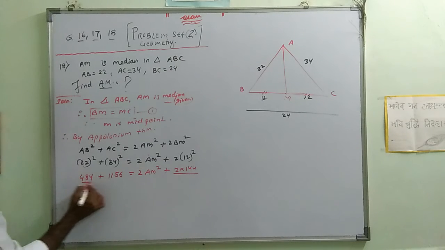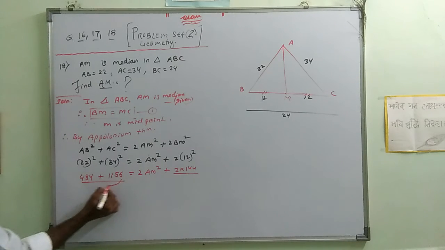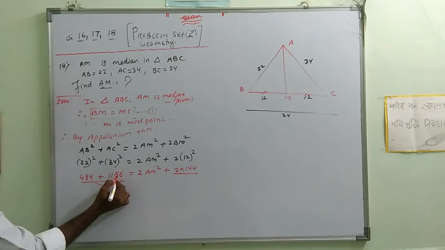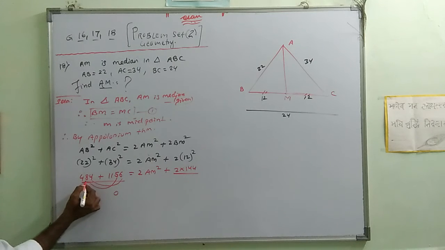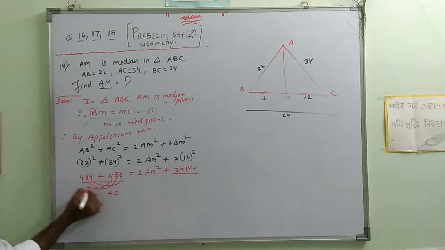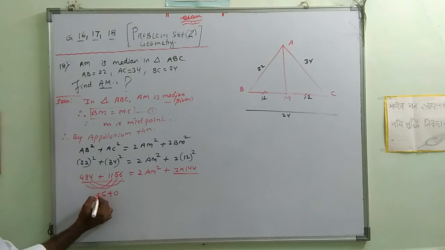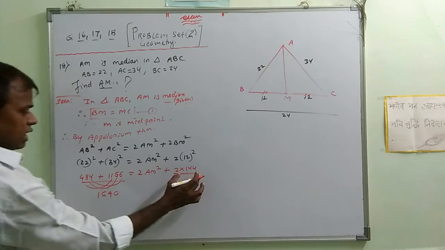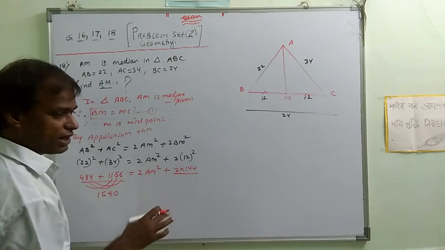So 484 plus 1156. 6 plus 4 becomes 10. 5 plus 8 becomes 13. 1 plus 4 is 5, plus 1 is 6. So 1640. 144 doubled is 288.